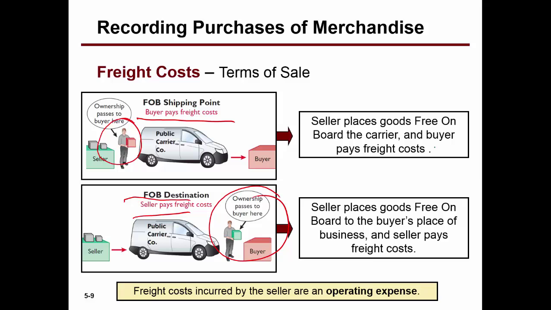That's considered free on board destination. If we ship the stuff on December 29th and it doesn't arrive until January 2nd, do we take that in our ending inventory at December 31st? It's not part of our ending inventory December 31st because we haven't received it yet, right? The seller does not have a sale, and the seller will not take that out of their inventory until the next year, until January, right?